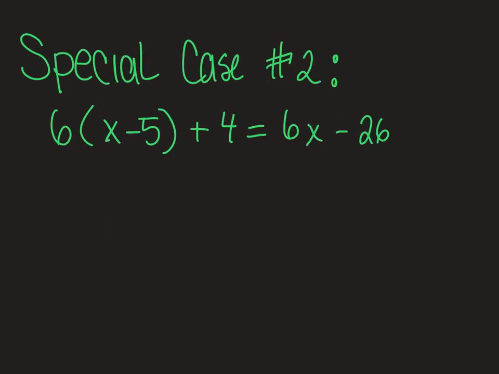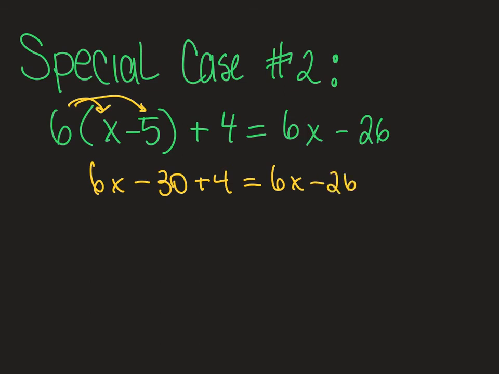All right, here is special case number 2. Doesn't look special yet. I'm going to distribute my 6, so I end up with 6y minus 30 plus 4 equals 6x minus 26. Combine like terms on one side. I get 6x.